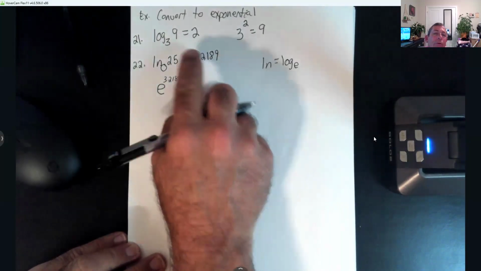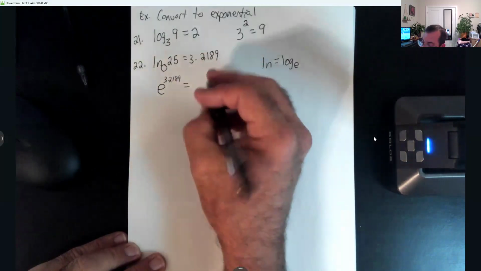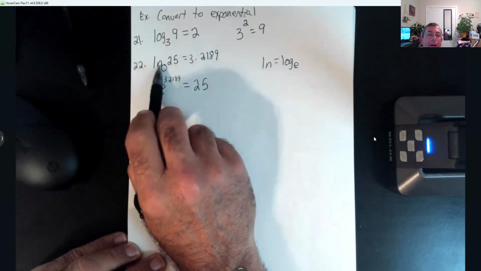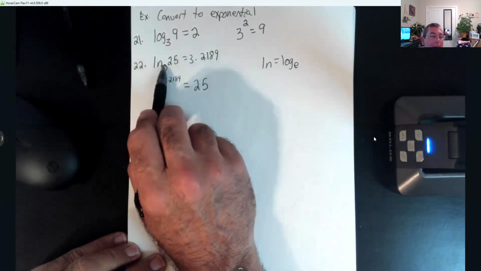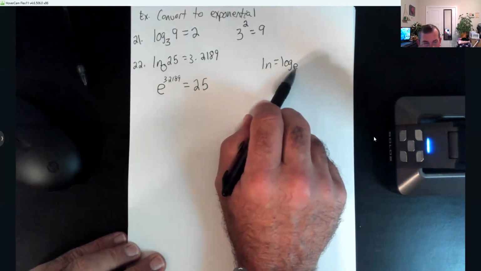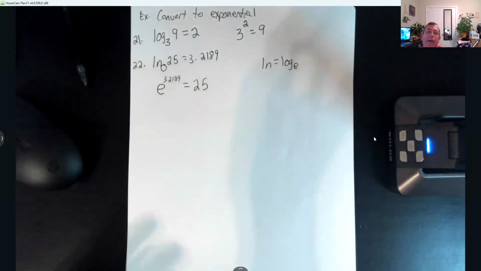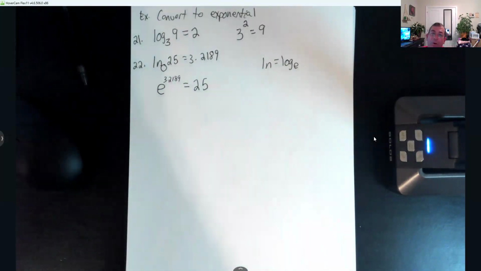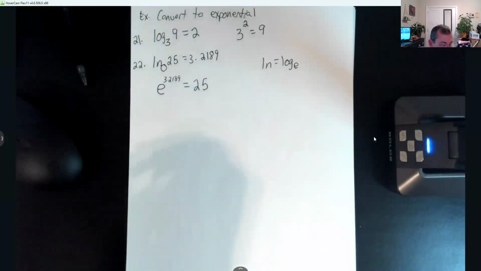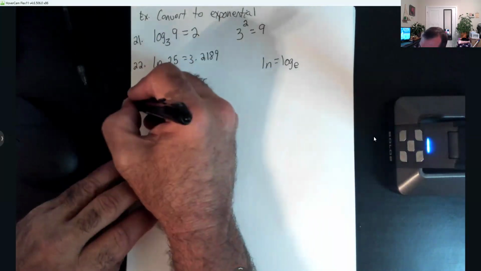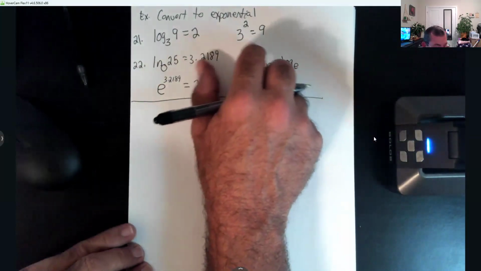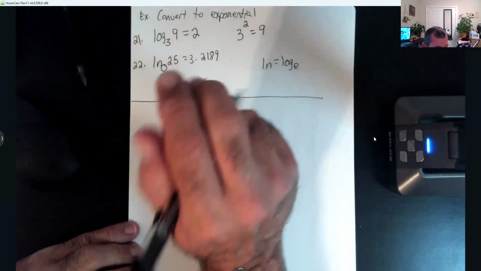That'll equal your result of 25. Okay, so y'all, LN, you got to remember, LN is really a log base E. Okay, the regular log on the front of the calculator is a log base 10. And so you got to do a few of those where you got to rearrange them and have fun.